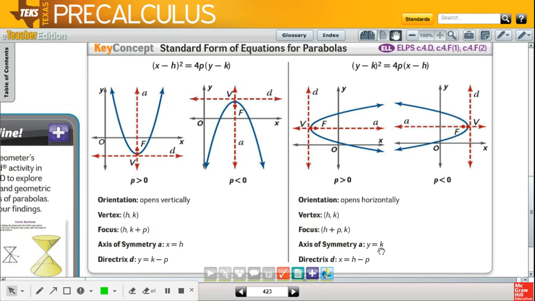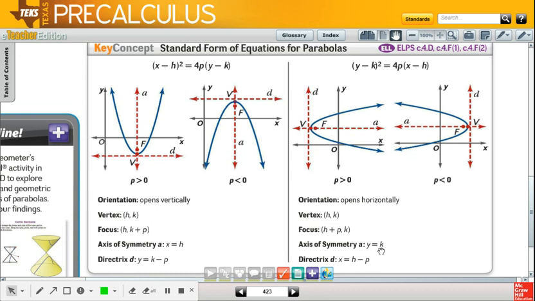So once you subtract h minus p, that's your x value. That will be your vertical line. So let me repeat: the axis of symmetry for parabolas that open horizontally is a horizontal line through your y value, the value you find for k. Your directrix is a vertical line that goes through the x value, whatever you find from h minus p.